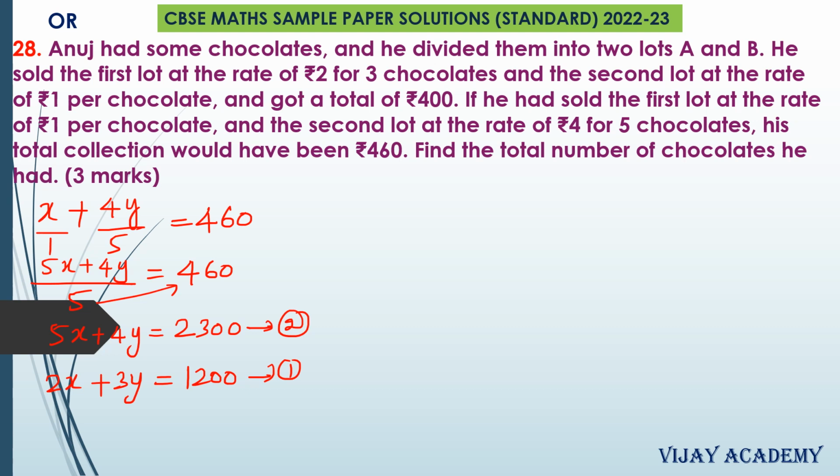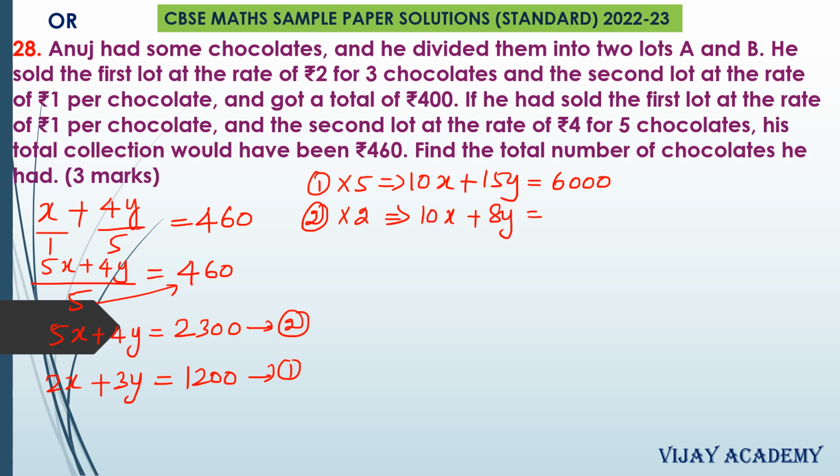To apply the elimination method, let us multiply equation 1 by 5 and equation 2 by 2. On multiplying equation 1 by 5, we get 10x plus 15y equals 6000, and multiplying the second equation by 2, we get 10x plus 8y equals 4600.